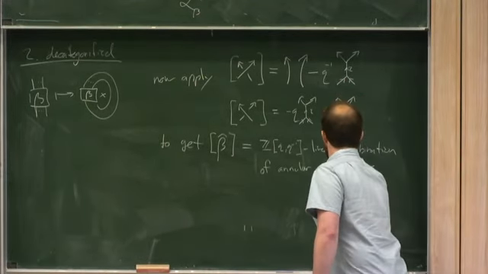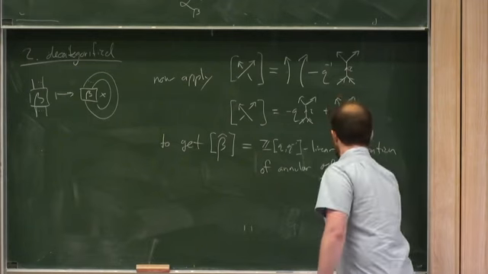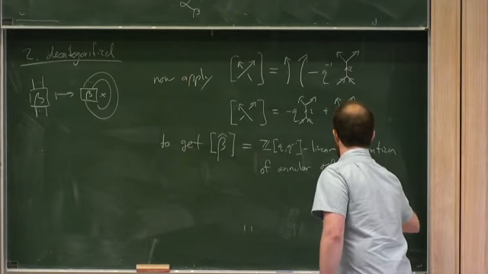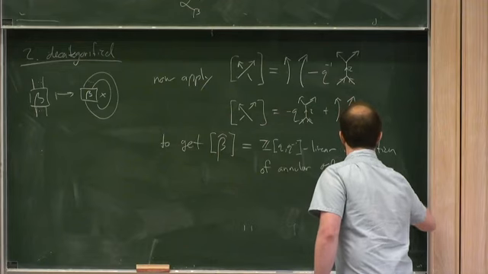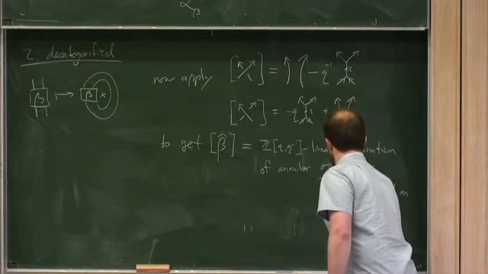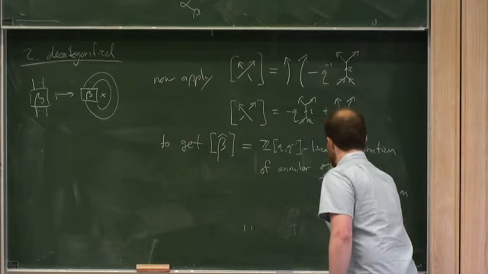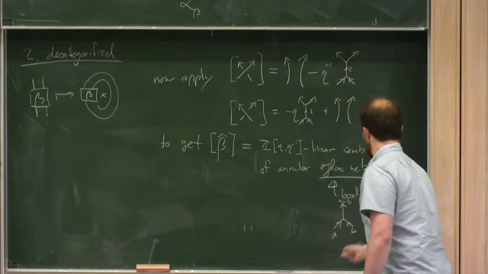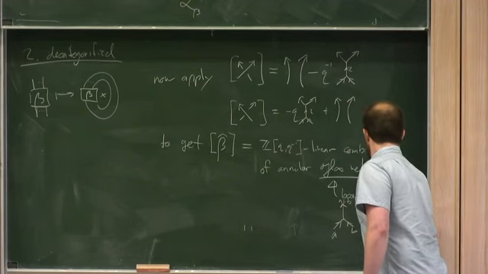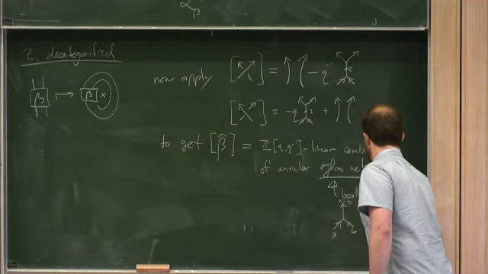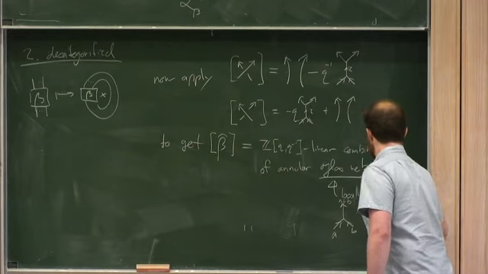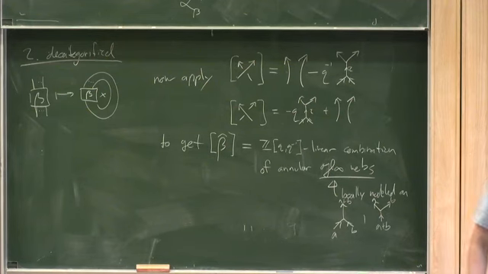Well, again, they're trivalent graphs, labeled trivalent graphs, which are locally modeled on A, B goes to A plus B, and A plus B splits into things labeled A and B. Okay.